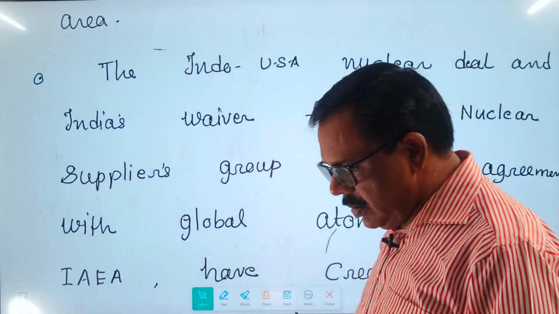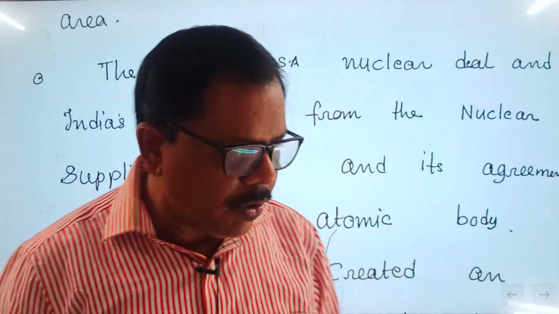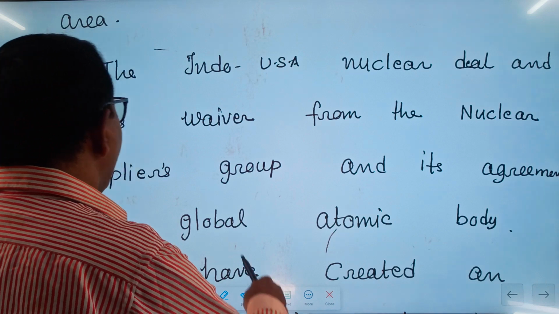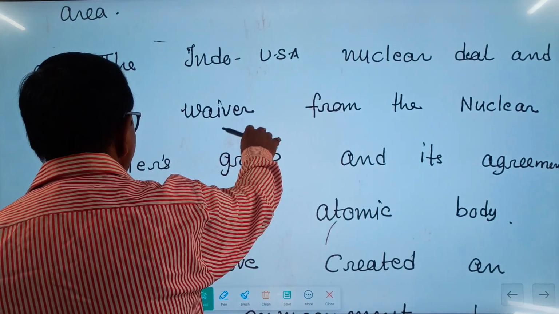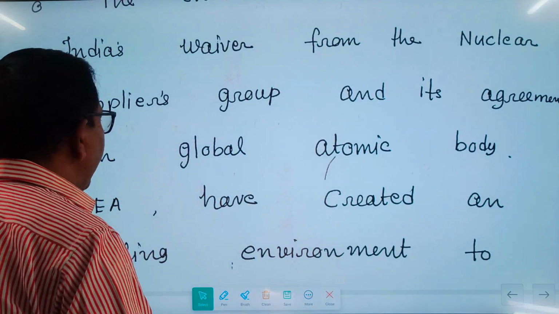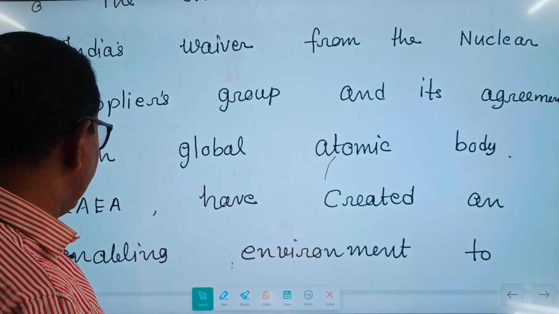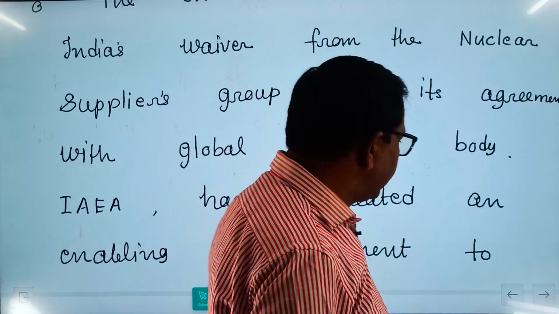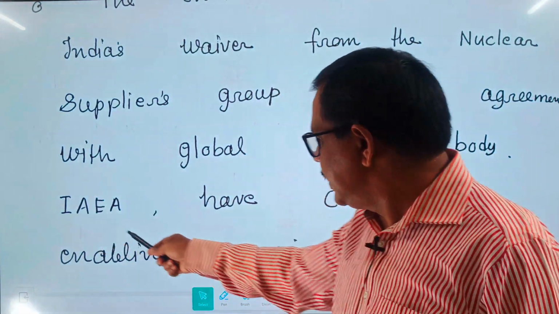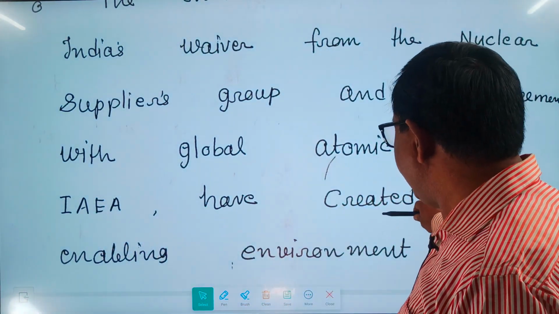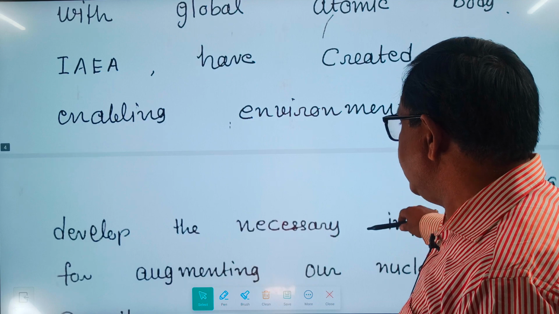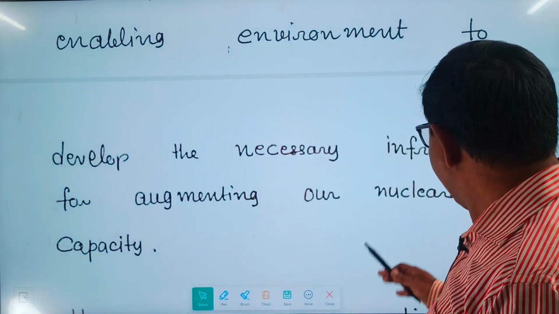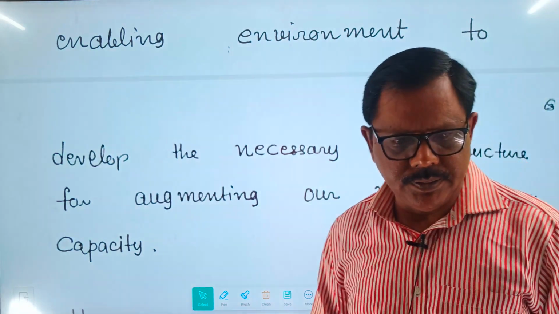Again you proceed toward the advantages, point of advantage. The Indo-USA nuclear deal and India's waiver from the Nuclear Suppliers Group and its agreement with the global atomic body, that is IAEA, have created an enabling environment to develop the necessary infrastructure for augmenting our nuclear energy capacity.